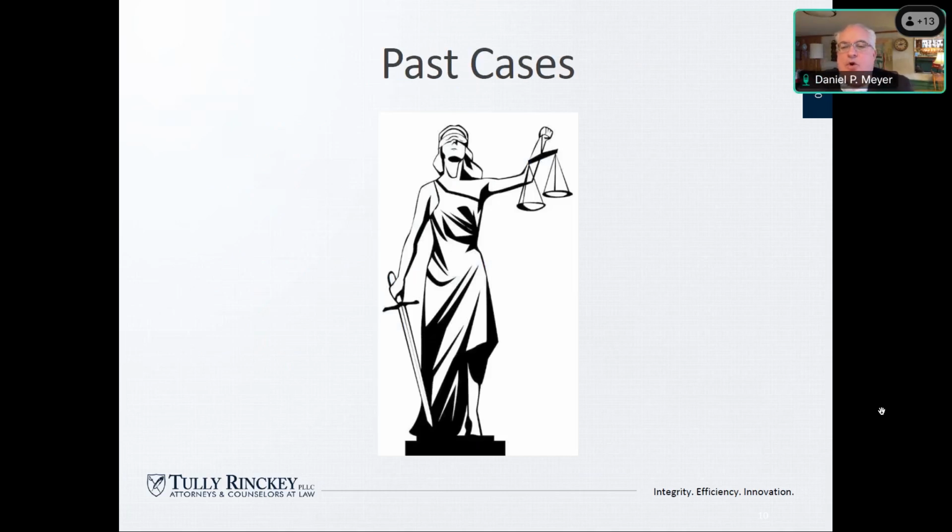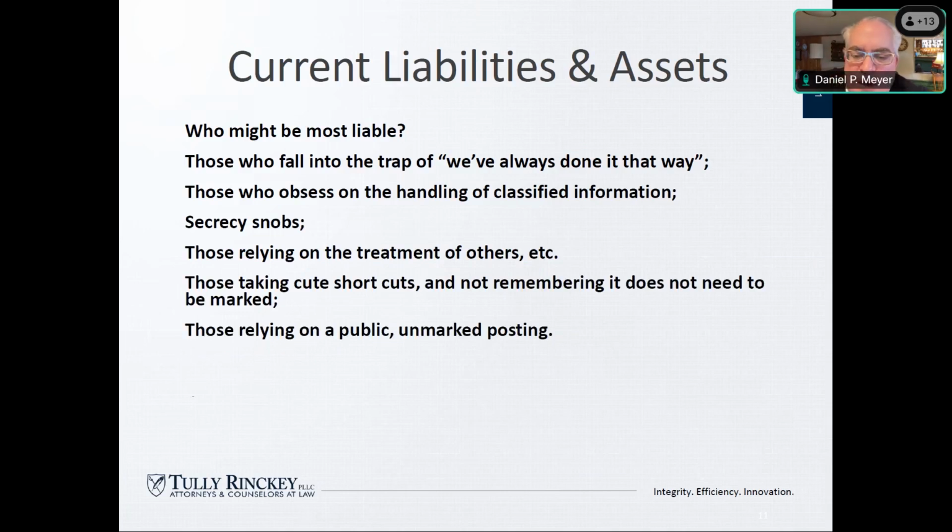Current liabilities and assets. So let's talk about current trends in the case law and who might be most liable. This is what I see in my cases as I handle these going up in front of the Energy Department, the Defense Department, all of the intelligence community elements. So there's a common thread of cases of people who fall into the trap of "we've always done it that way."